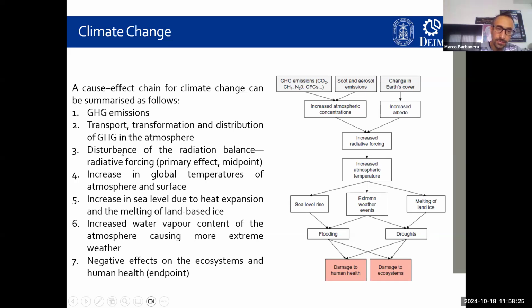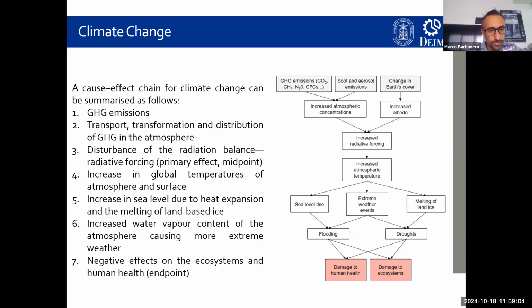This point of the cause-effect chain could be considered as our midpoint. So when we refer to the climate change impact category, we refer to this point of the cause-effect chain. So the climate change impact category reflects the environmental problem due to the disturbance of this radiation balance in the atmosphere.